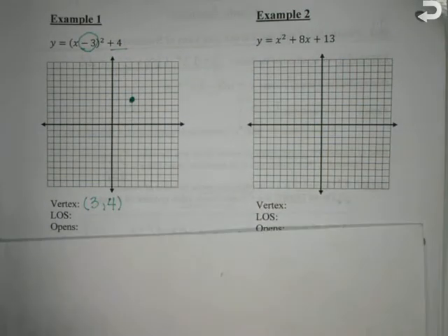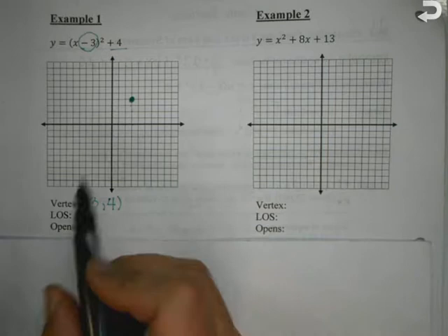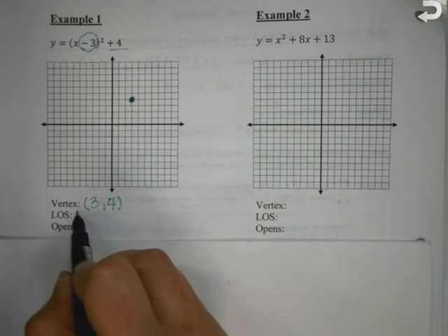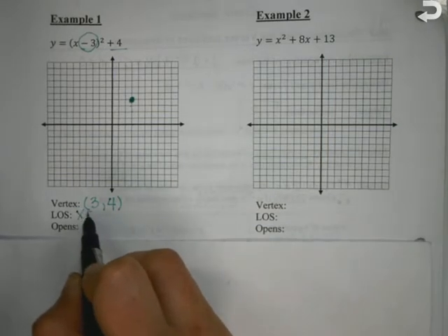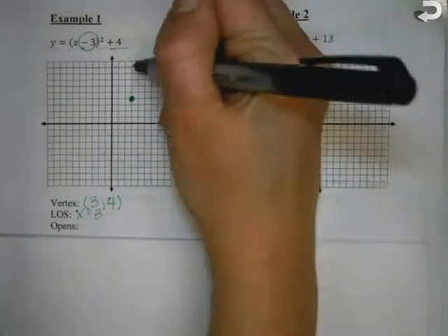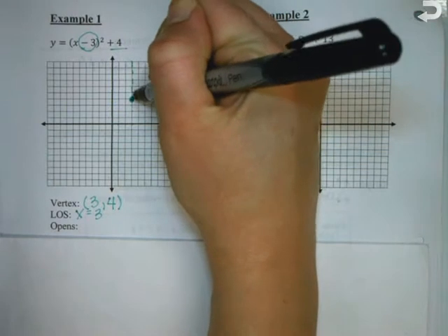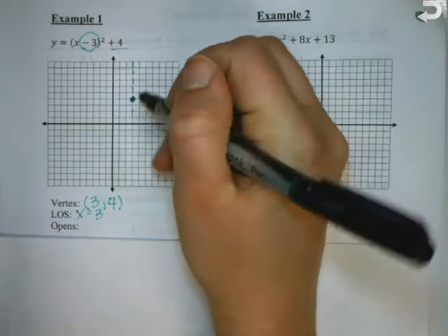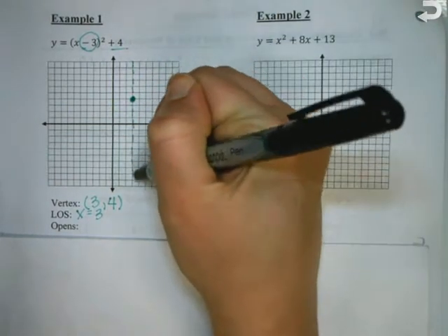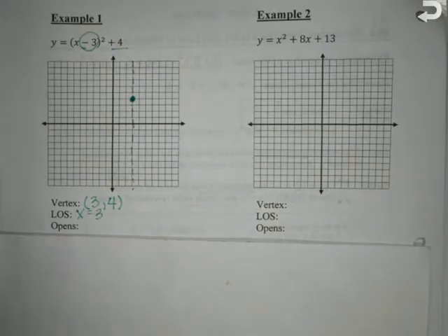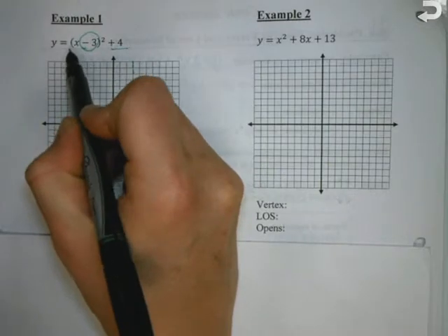Okay. The LOS, the line of symmetry, is the x-coordinate. So LOS is going to be x equals 3. So let's draw our line of symmetry all the way through. And does this one open up or down? It opens up because what's actually in front of the parentheses that we can't see?